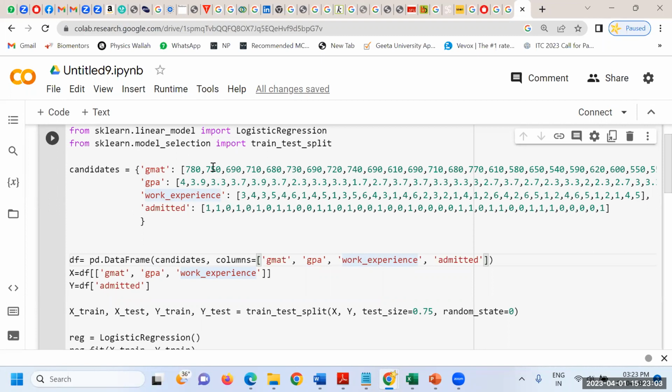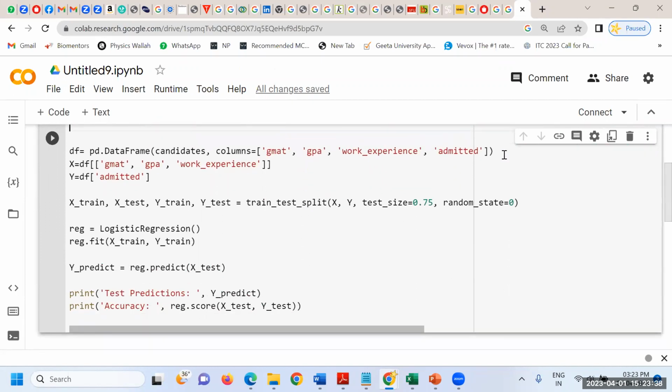Suppose I'm going to talk about 750, means is having 3.9 CGPA. If I'm going to consider the second one, not the first one, I'm going to consider second for everybody. So second value for work experience. So he got selected. Now based on GMAT score and the GPA, it is going to predict that he got selected. Means he is one of the intelligent students in this field.